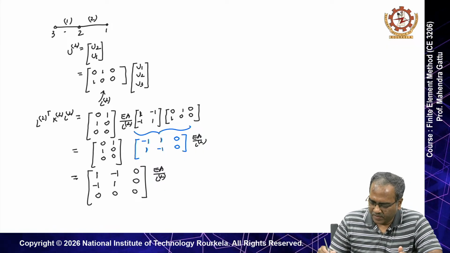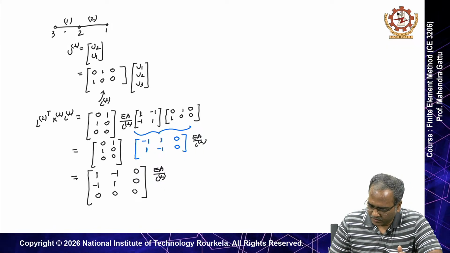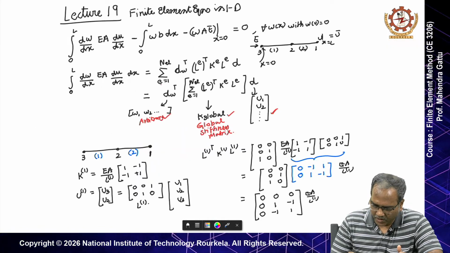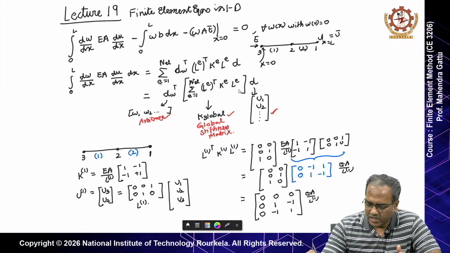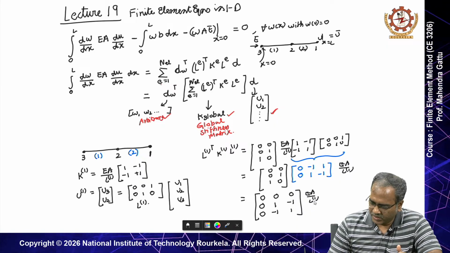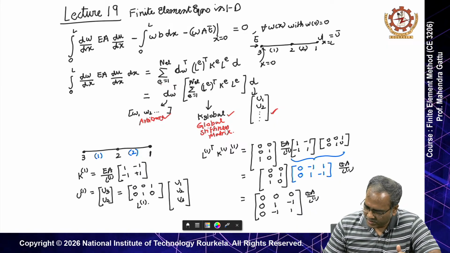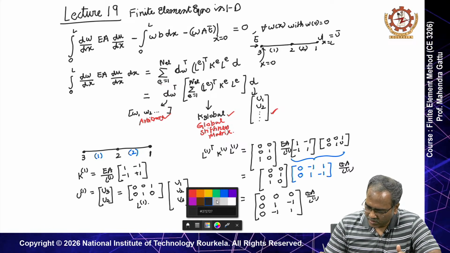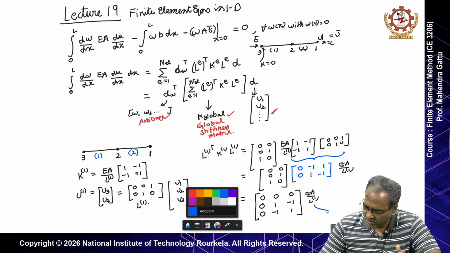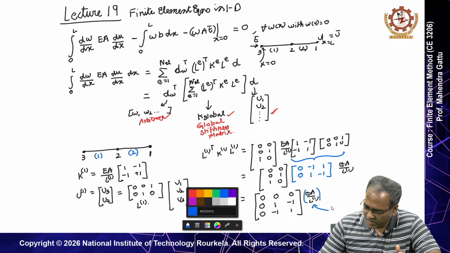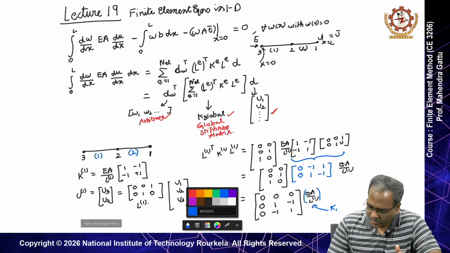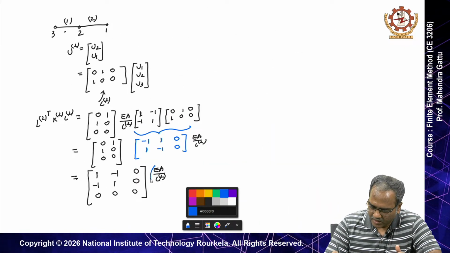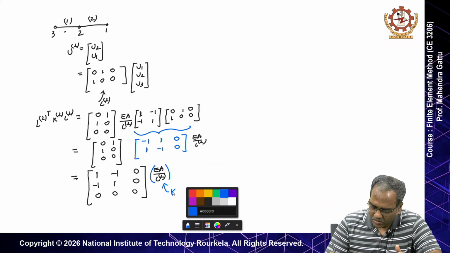So, we can sum up these two terms, the L transpose K L terms for each element. Let us denote the first term by K1 and the second by K2.